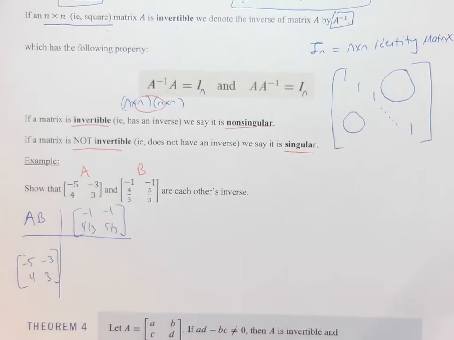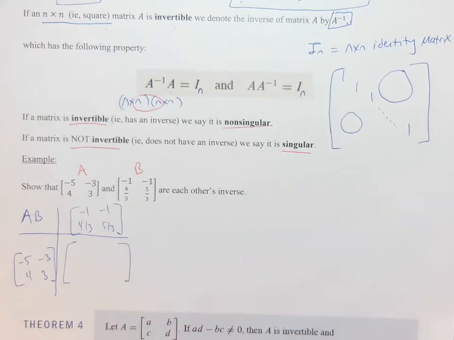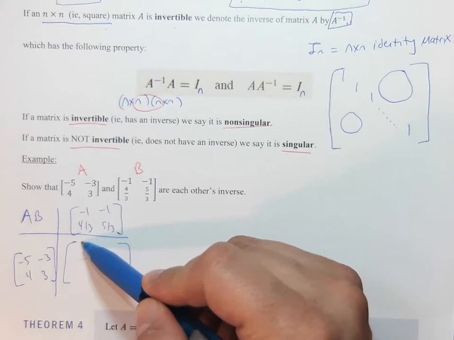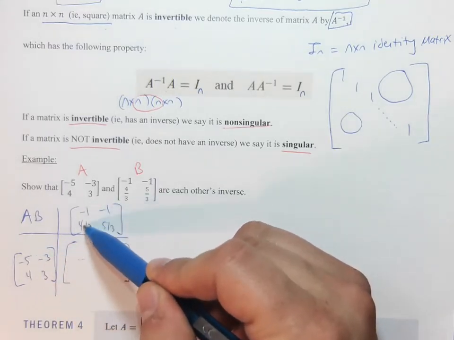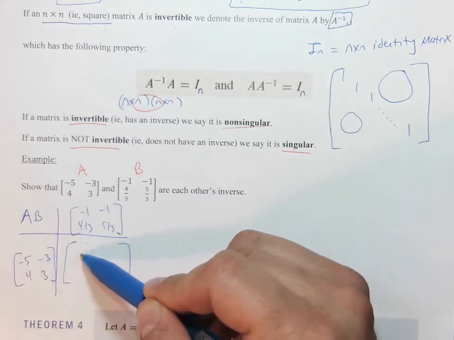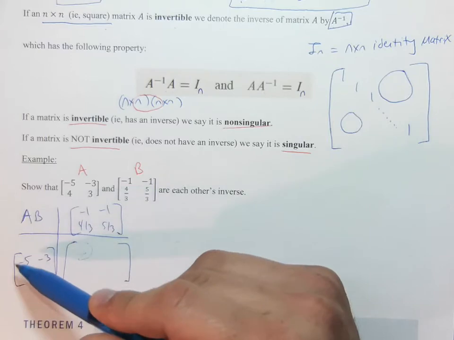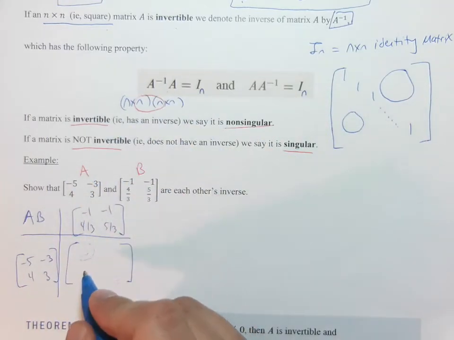We're multiplying a 2 by 2 and a 2 by 2, so we end up with a 2 by 2 inside here. As a way to remember how to do this, this entry right here lines up with this column and this row, so we multiply that column by that row to get this entry. Then we slide over and do this column and that row. When you set it up in this table form from last section, it makes it nice and easy to do. I'll write the details out in this one.